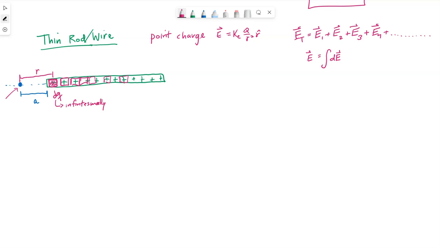Small piece of charge, meaning a point charge. dE represents the electric field at the point that that charge is creating. So this is the electric field created by dq.